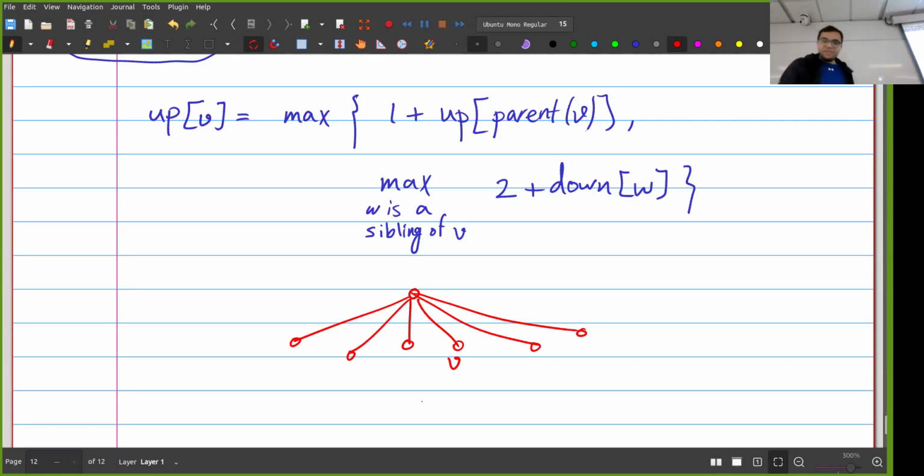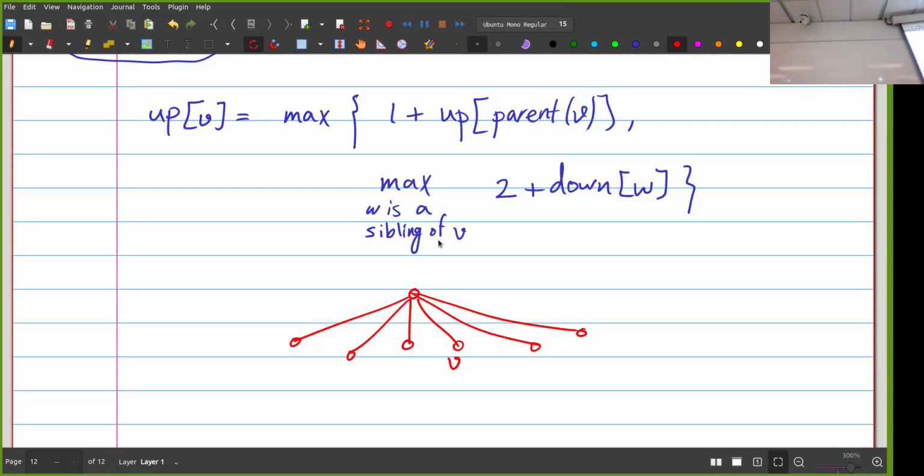Instead of calculating this maximum on all of the siblings, I could calculate it at the parent. So at this parent, I could say, what is the maximum of the down value among all the siblings? And I calculate it once, I can reuse it.